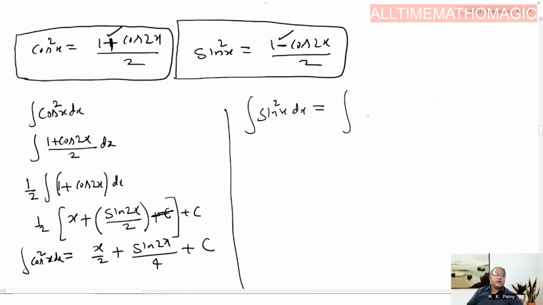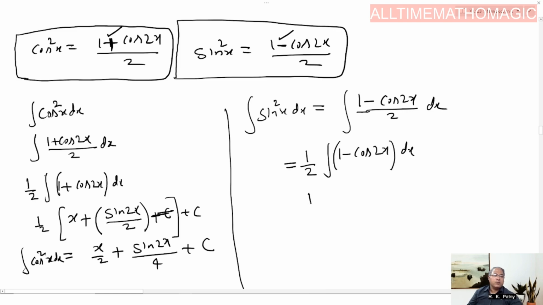Whenever sin square x is there, you directly write 1 minus cos 2x upon 2 with respect to x. So sin square x is converted to 1 minus cos 2x upon 2, with 1 by 2 outside, integration of 1 minus cos 2x with respect to x.